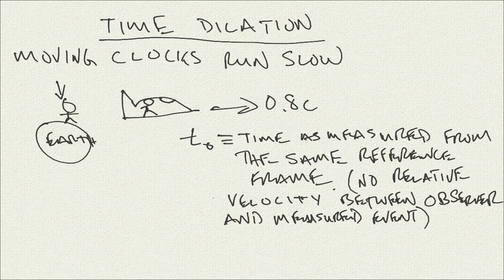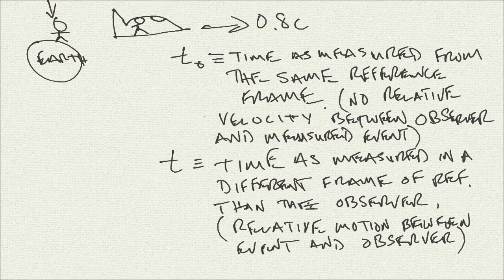However, if you measure something that is relative to your own reference frame, then you're measuring T. That is the time of an event as measured in a different inertial reference frame than your own. In other words, there is relative motion between the event being measured and the observer doing the measuring.